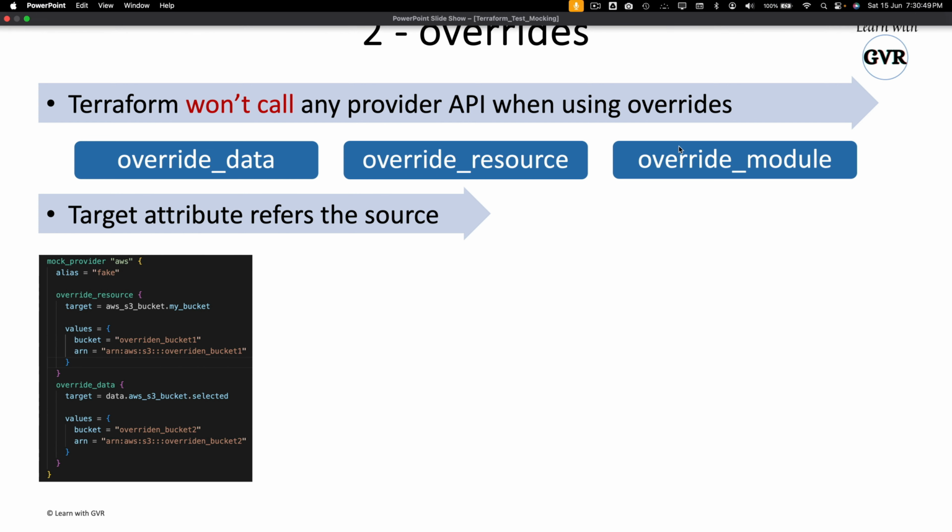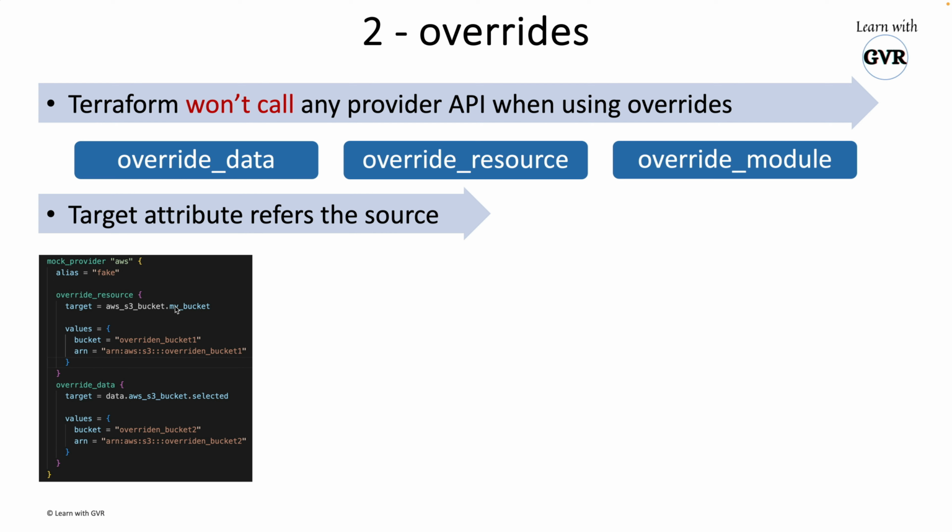What are you overriding? The AWS S3 bucket, the already existing resource, with these values, right? How cool is it. You are not creating, you are overriding with your own values so that you can test it. The same goes for data lookup. When you use actual data, it does a data lookup, but here instead of a data lookup you are overriding, so that when you call it, the Terraform test will read from here.